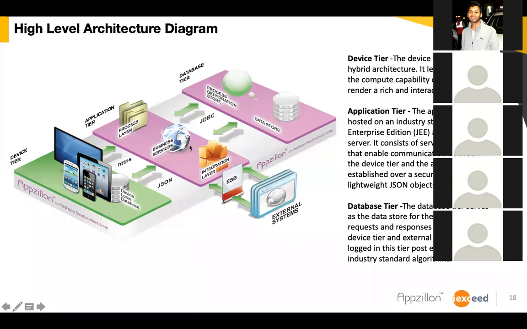Now, once it hits the middleware, it can directly talk to the external system if need be. So let's say there are organizations where there is no ESB as such, and you have multiple back office systems, each system having a different message exchange pattern and protocol. For example, CRM can be SOAP, core banking can be REST, card management can be ISO, and so on. Even in such a scenario, my middleware takes care of the data transformation, wherein the request which is sent as JSON is transformed into the corresponding endpoint format.